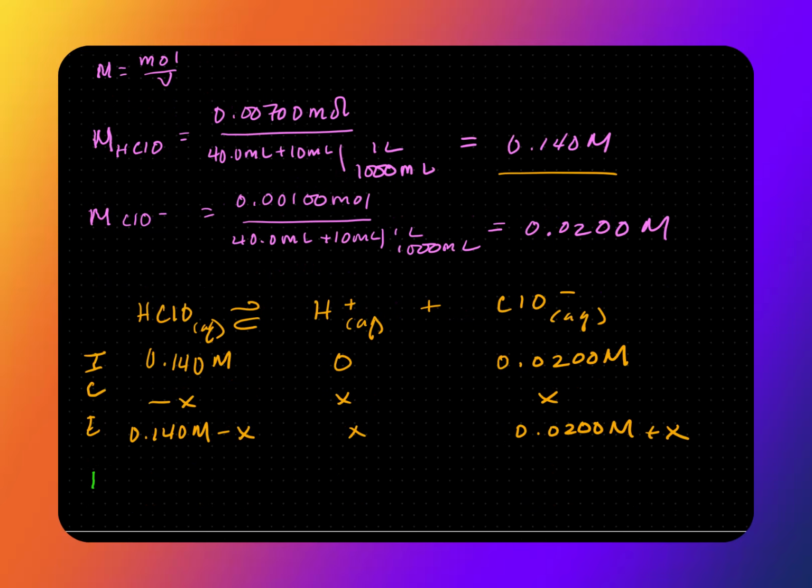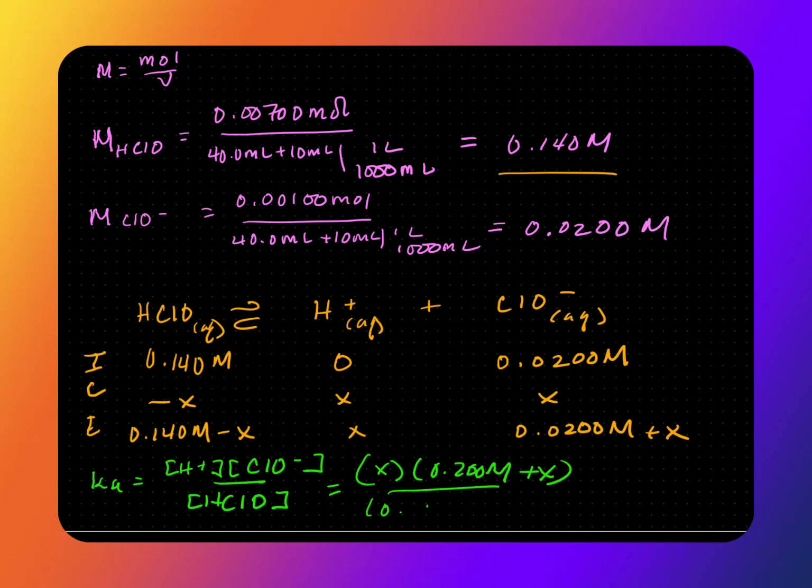Now I write my Ka. Ka is going to be products over reactant, which is H plus times ClO minus over HClO. Plugging in, we have X times 0.0200 molar plus X over 0.140 molar minus X. This is equal to the Ka of HClO, which was 2.9 times 10 to the negative 8th.